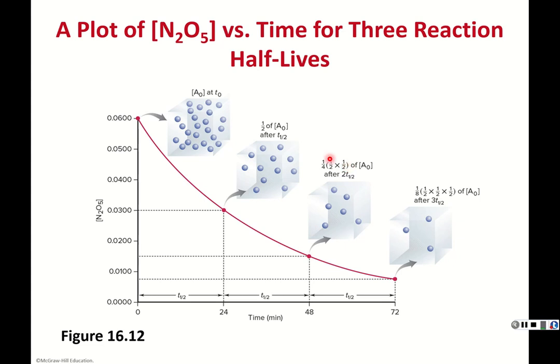And we have 1/2 times 1/2, or 1/4 of what we started with, because we've waited 2 half-lives. And then finally, another half-life: we go 24 more minutes and we drop from 0.015 to 0.0075.